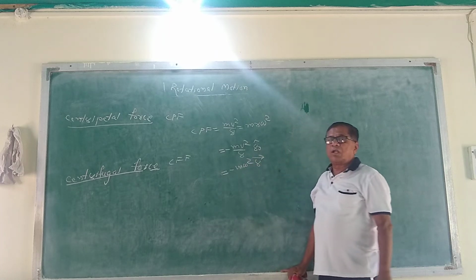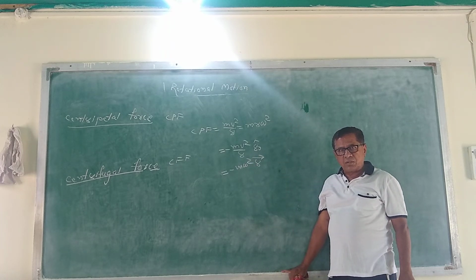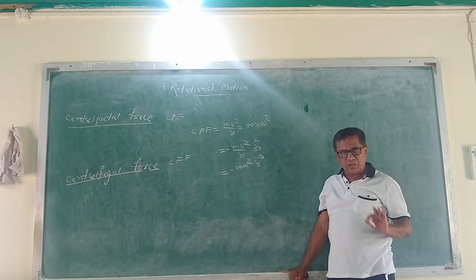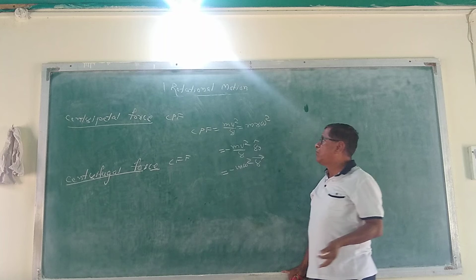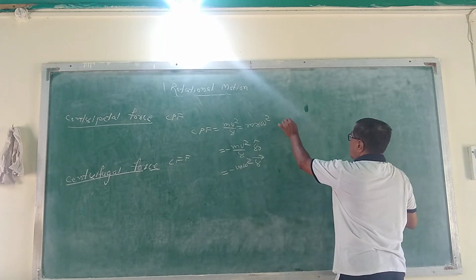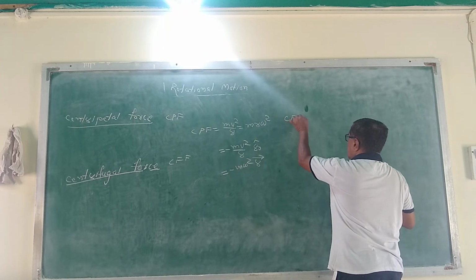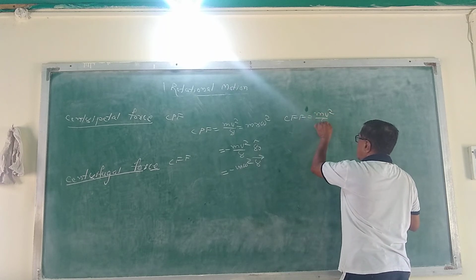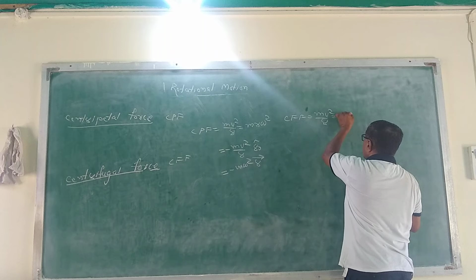where r bar is called the radius vector, whereas the centrifugal force has the same magnitude, only the opposite direction. Centrifugal force is equal to mv square upon r is equal to mr omega square.